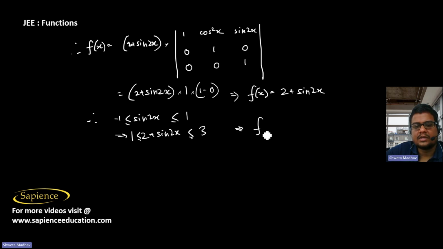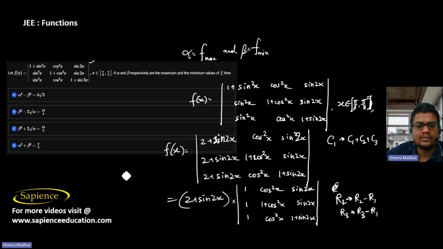Therefore, the maximum value of f of x, that is alpha, is equal to 3, and the minimum value of the function f, that is beta, is equal to 1. So beta is 1, alpha is 3.